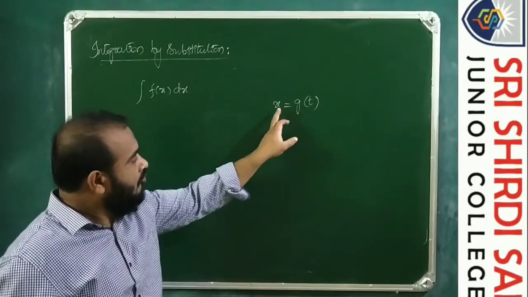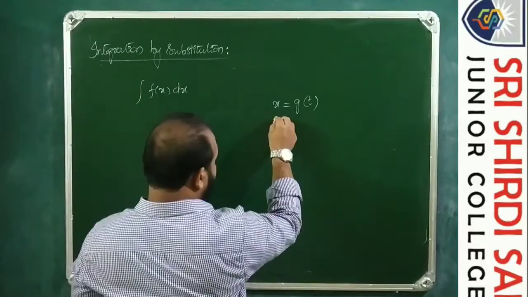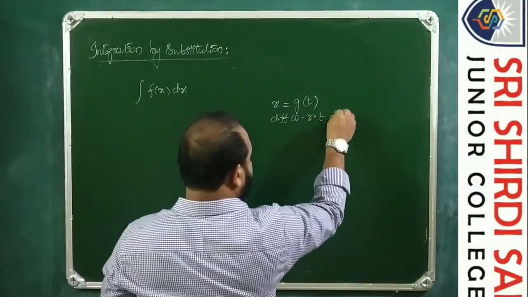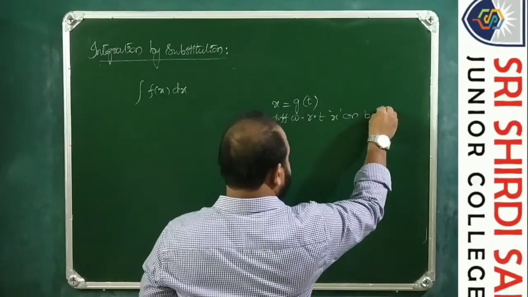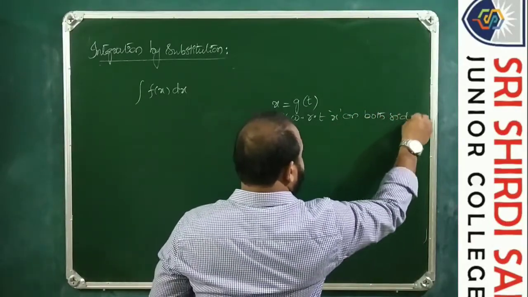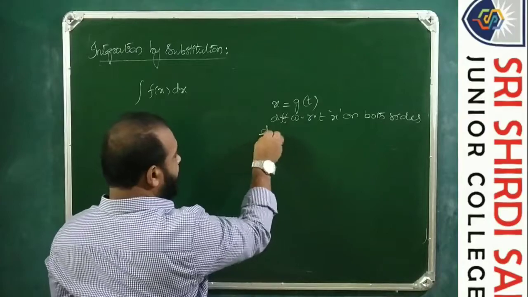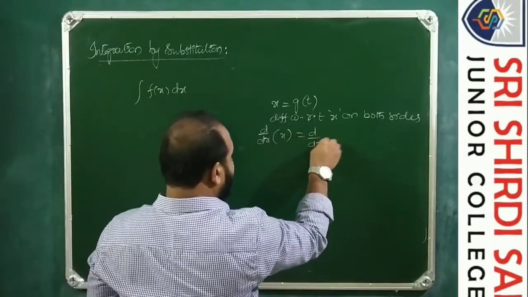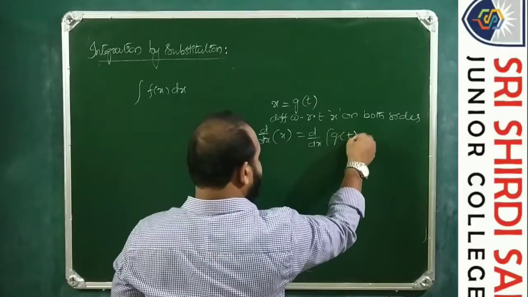So differentiating with respect to x on both sides, d by dx of x is equals to d by dx of g of t.